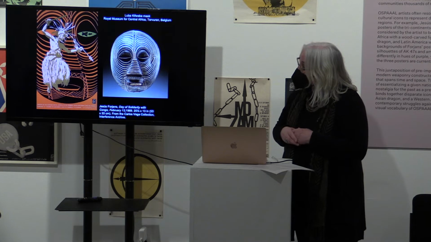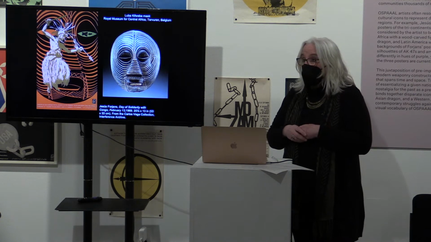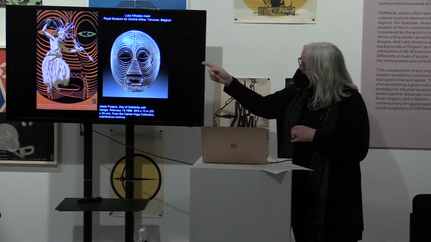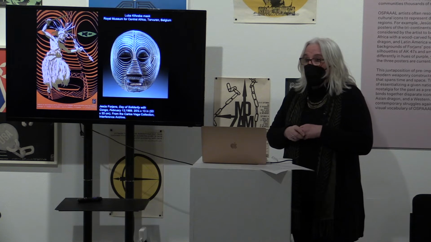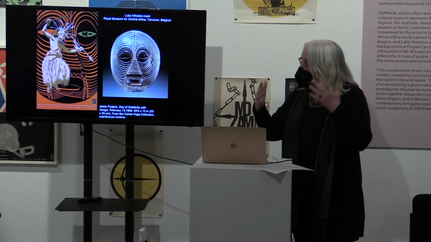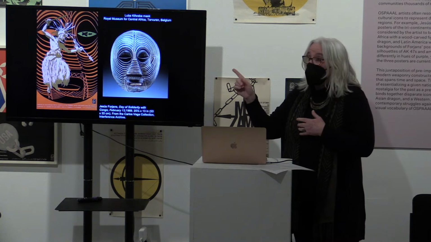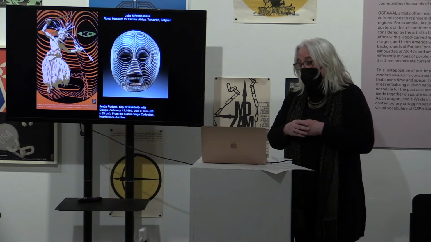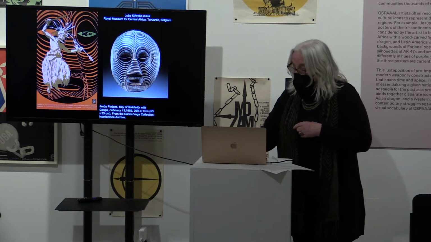Another example, this is not one of the posters on exhibit here, but it's one of Fortrans' posters. And this mask, a Luba Kifwebe mask, formed the backdrop for this figure. I haven't yet identified the dancing figure, and that may come eventually.